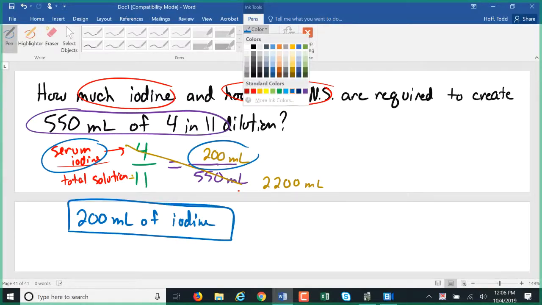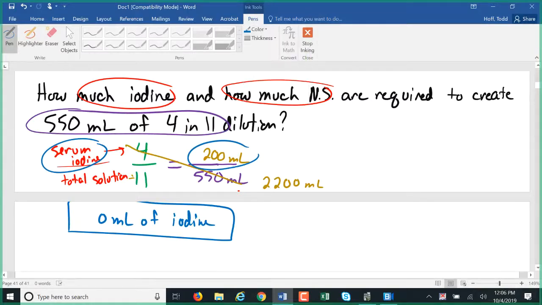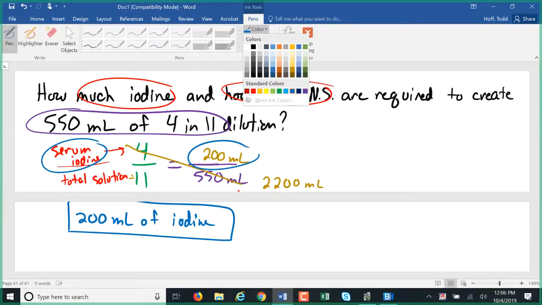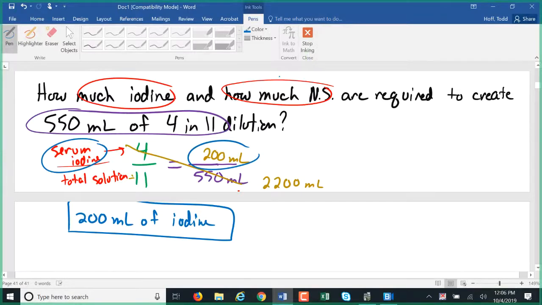Now, there's 2 ways we can go about finding the amount of saline. The simplest way would be to just subtract. We can simply take the 550 and subtract that 200.